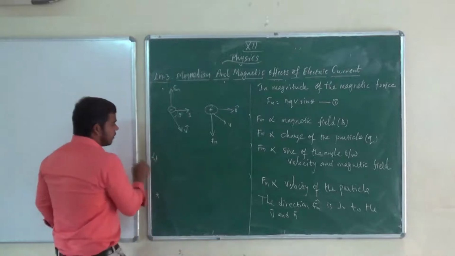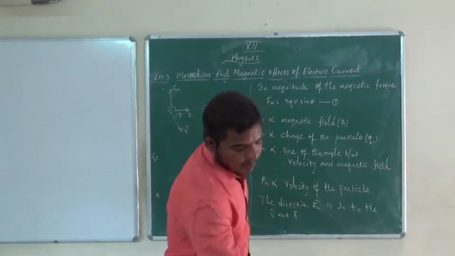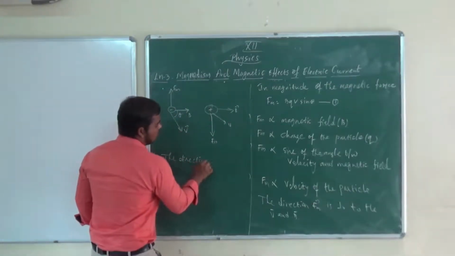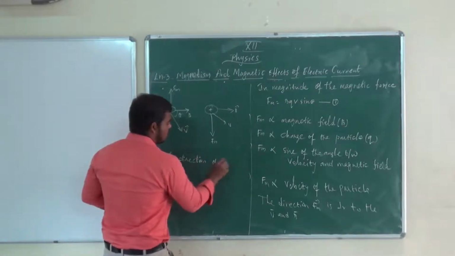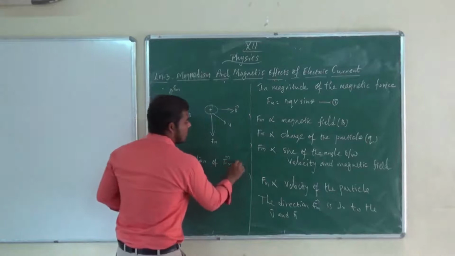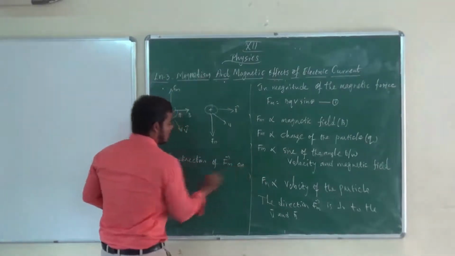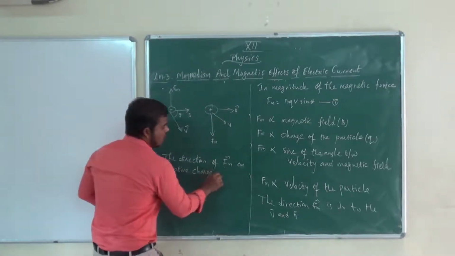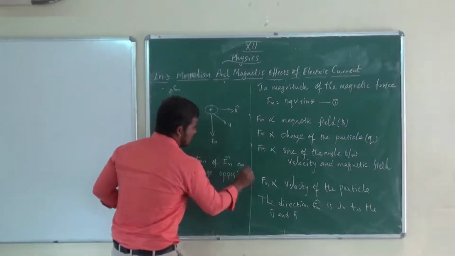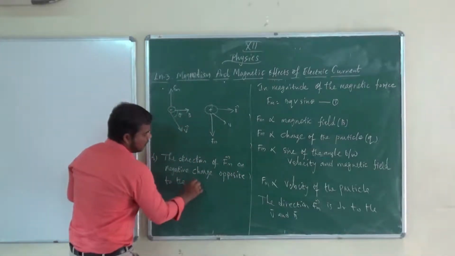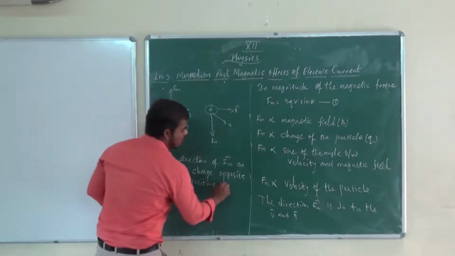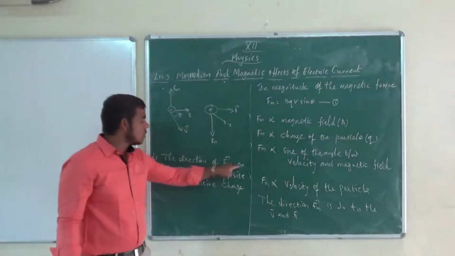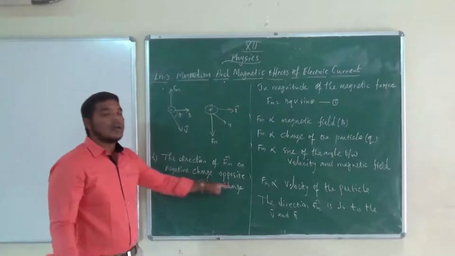Sixth point: the direction of the magnetic force on a negative charge is opposite to that on a positive charge.